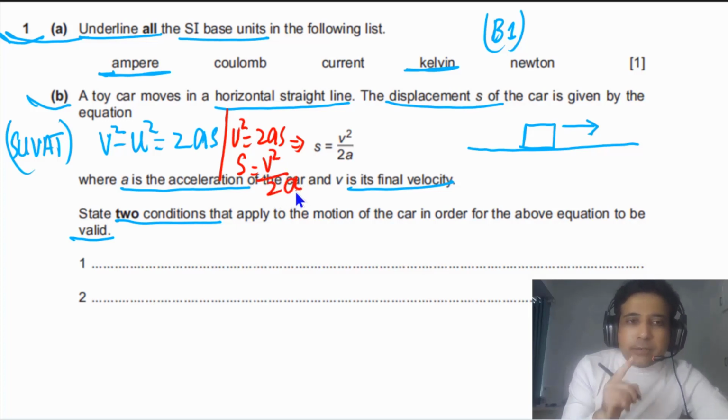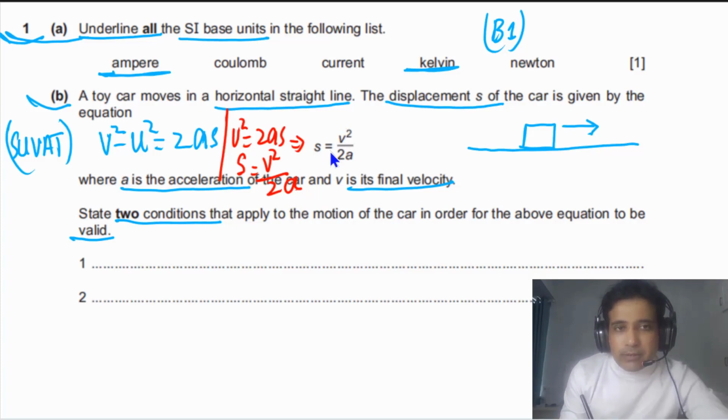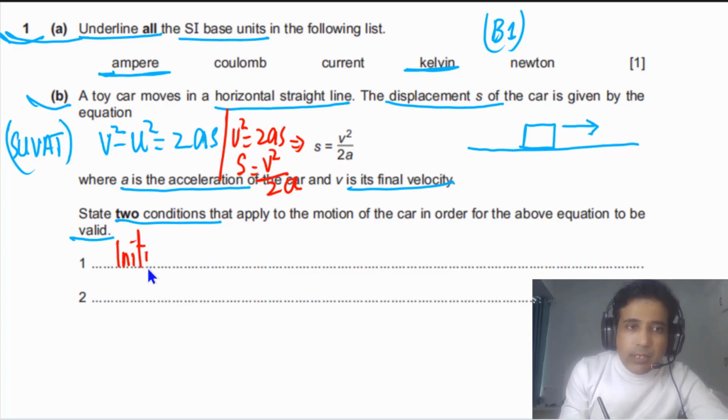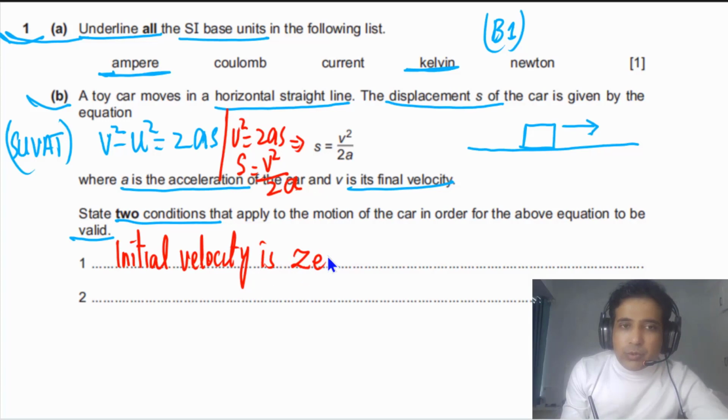So one condition for the motion of the car is that the initial velocity of the car has to be 0. We can use this equation if the initial velocity of the car is 0.